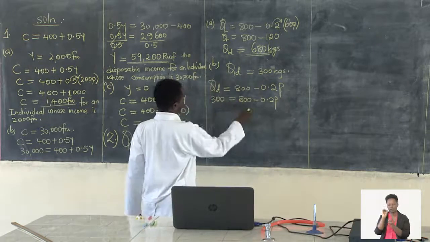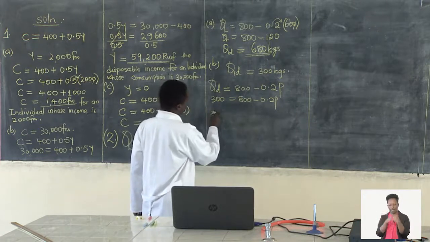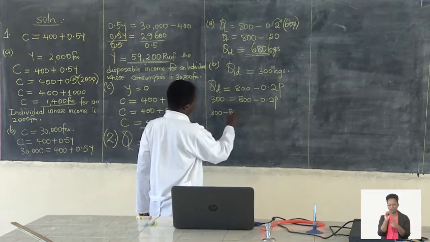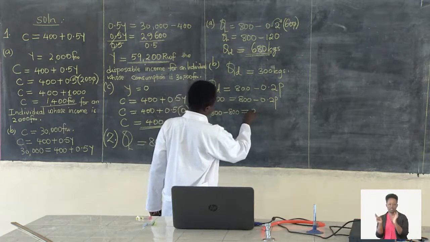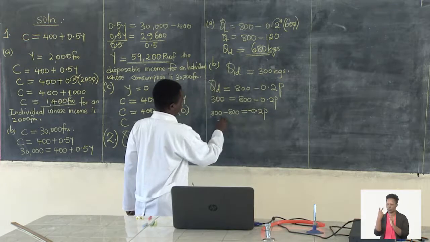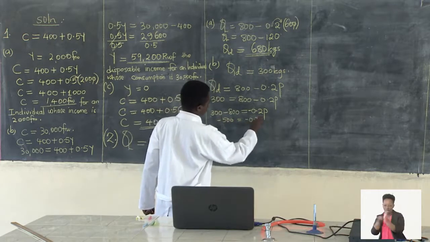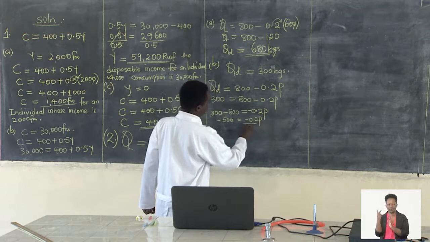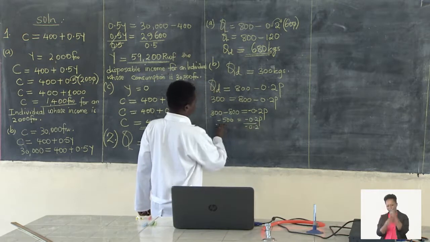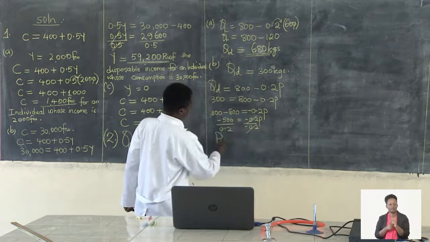When you do it this way, if you bring 800 to this side, you have 300 minus 800, which gives you negative 0.2P. So here we have negative 500 equals negative 0.2P. You divide both sides by negative 0.2. So what will be our price now?